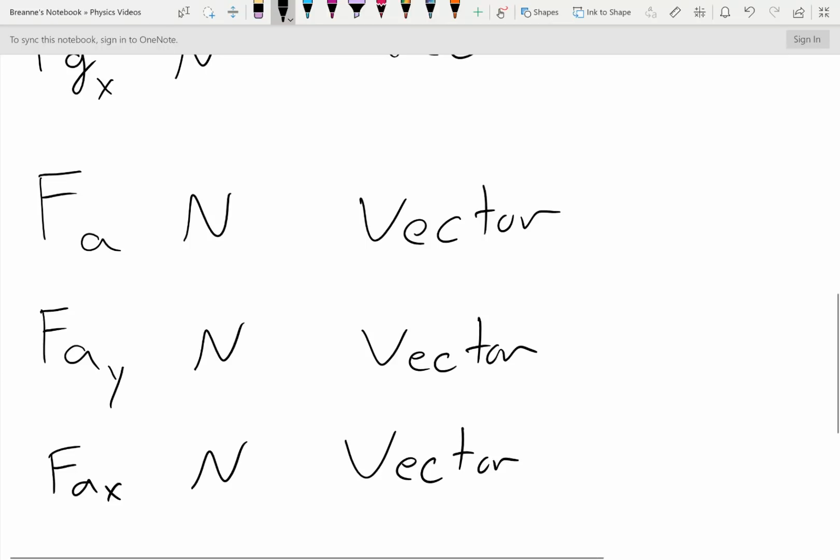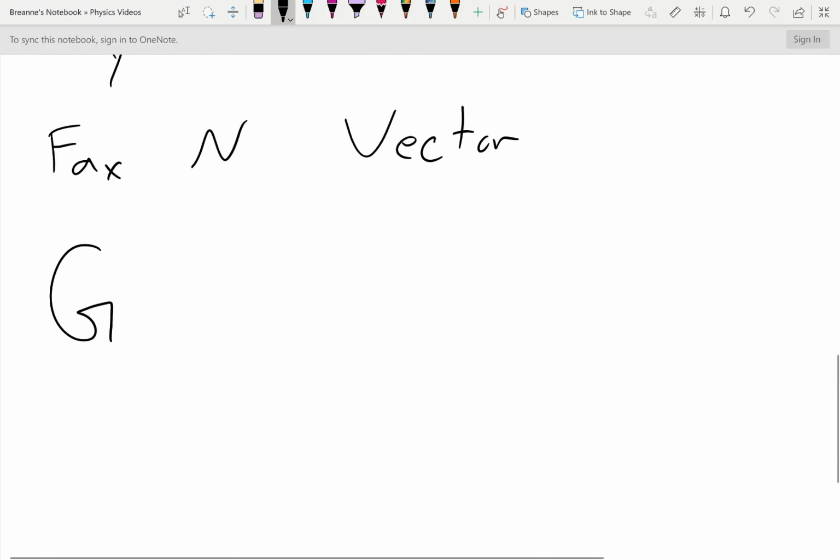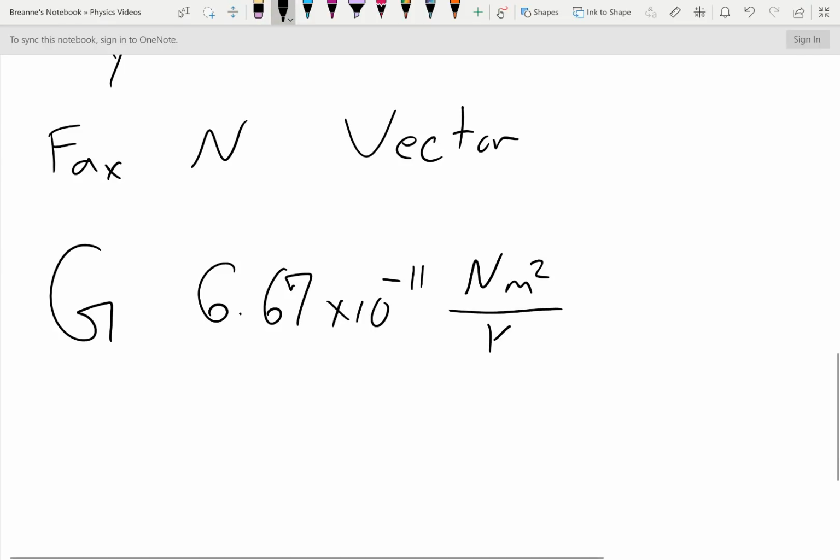And then we have the universal gravitational constant. That is represented with a big G, and that is a constant. It is 6.67 times 10 to the negative 11. And your units for that are newtons times meters squared divided by kilograms squared.